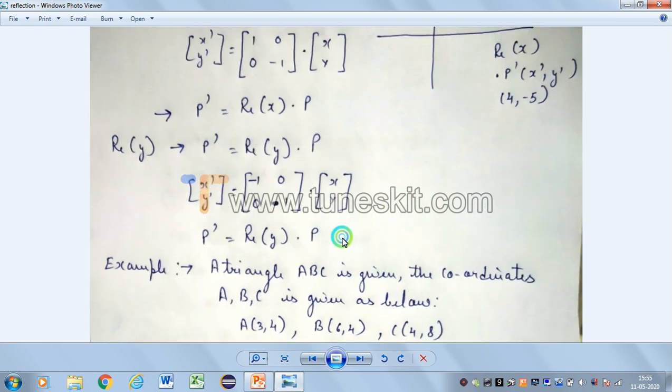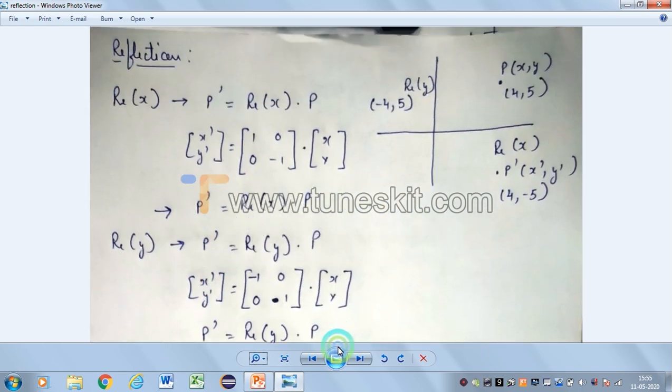Suppose we have a point P having coordinates x and y, numerically 4 and 5. When we apply reflection about the x-axis, we keep the x value the same, 4 as it is, but we flip the y value, so we are writing minus 5 here.